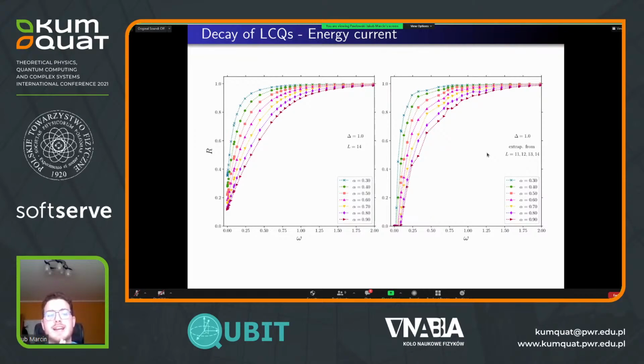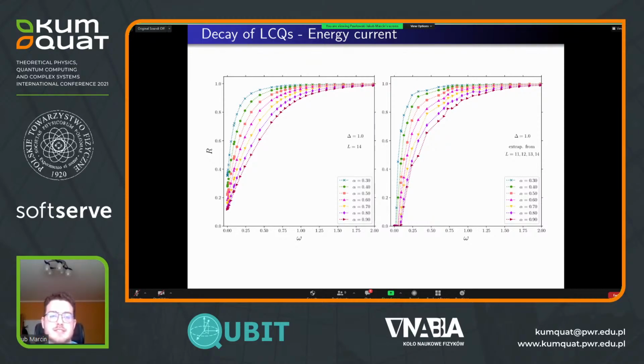All right, so this is the function R as a function of omega, that is the frequency or inverse time. So the small omegas here correspond to the infinite time limit. This picture is, well, a bit underwhelming.